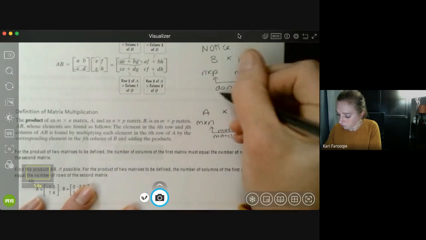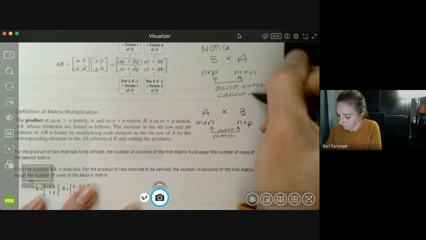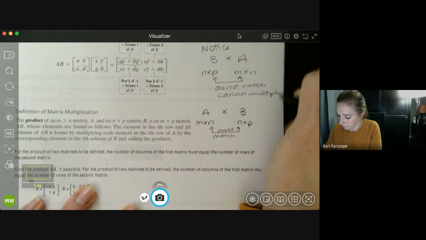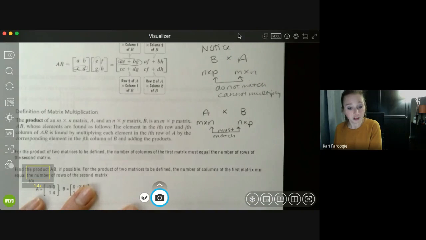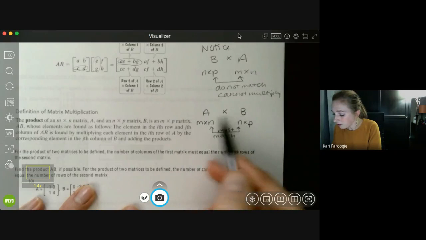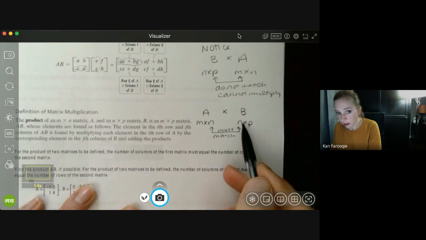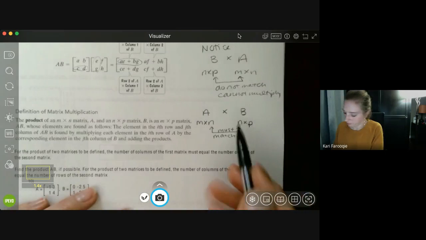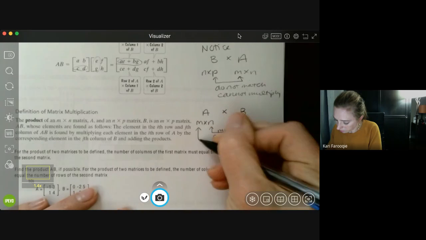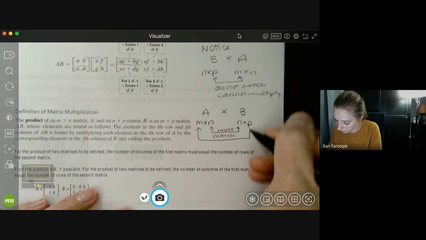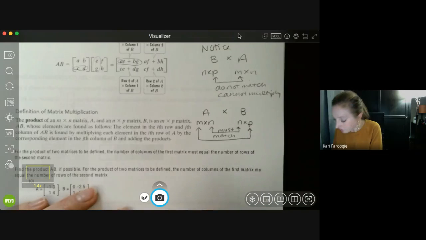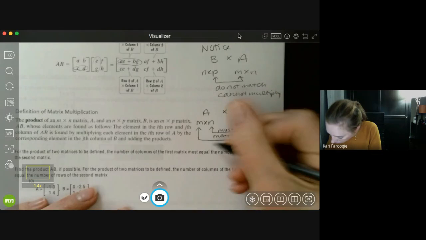So you cannot multiply B times A in this case. So it's really important that we write out the order of the matrices. We verify that these inside dimensions match. When they do, the product of the matrices that you're multiplying is going to be m by p.